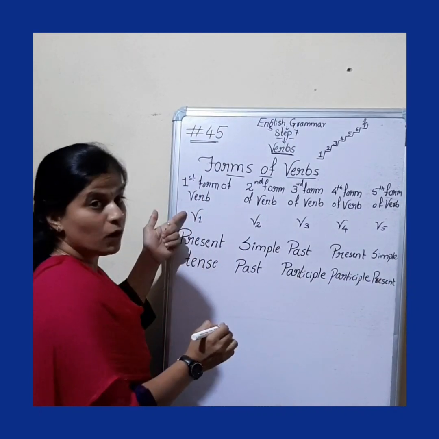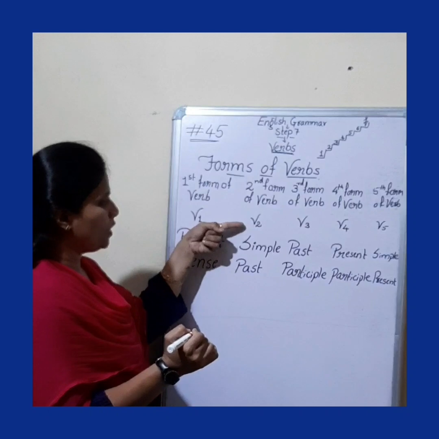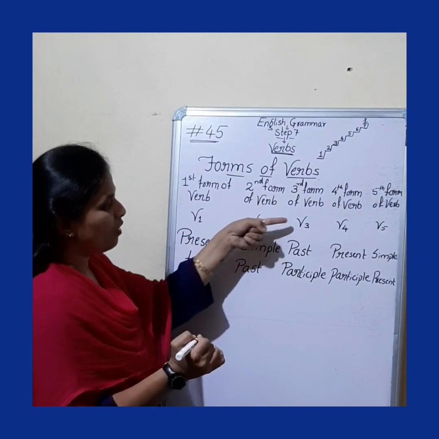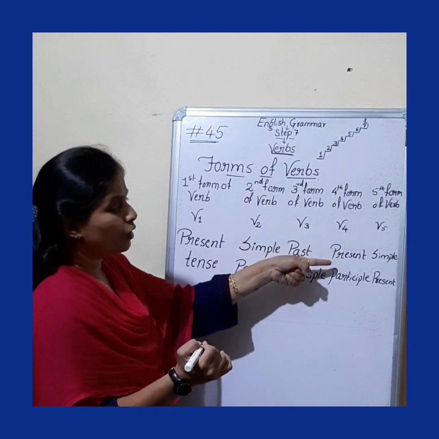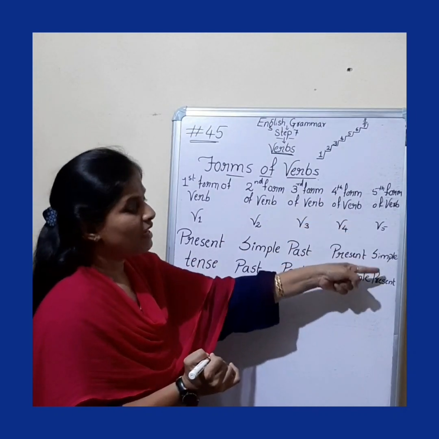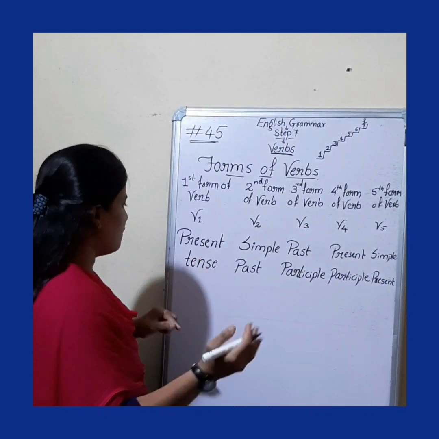Okay, so V1 present tense, V2 simple past, V3 past participle, V4 present participle, V5 simple present. Let's have a look over now.